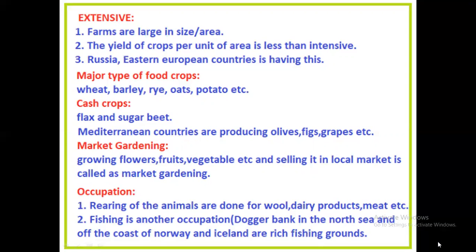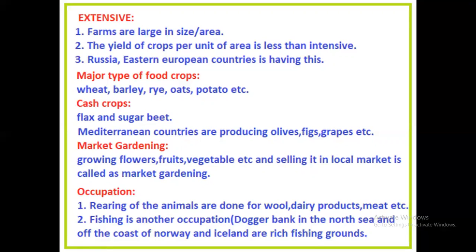As you can read in the bracket, Dogger Bank in North Sea and off the coast of Norway and Iceland are rich fishing grounds. These are the places where fishing occupation is practiced.